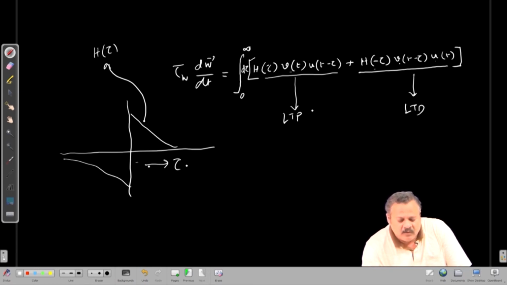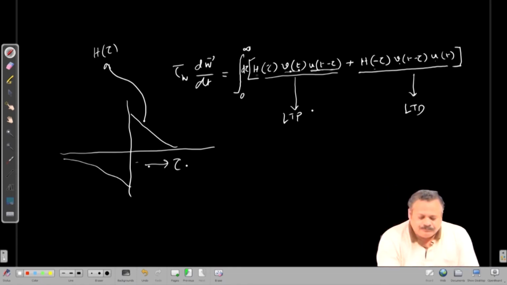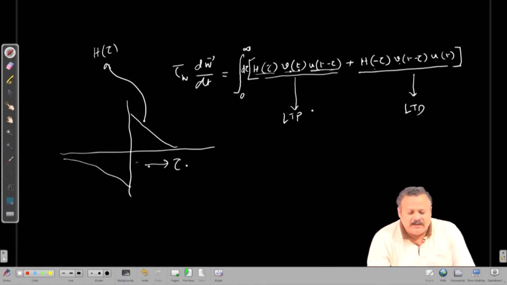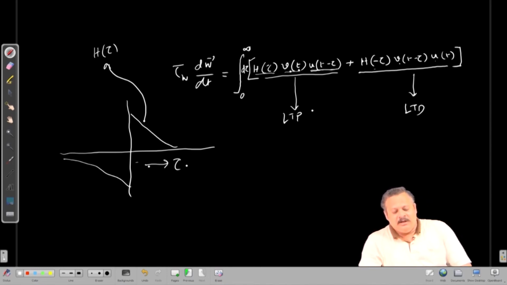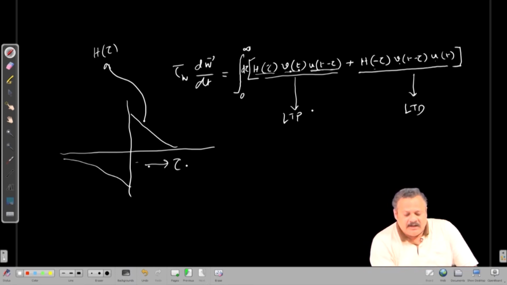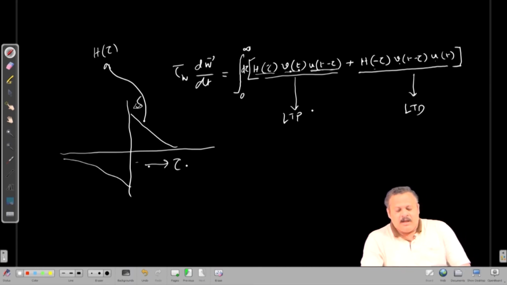Here we are correlating Vt and ut minus tau, where the past u is being correlated with the current output and is weighted by this h tau. Depending on tau, this correlation will be changing, and this particular term is for the right hand side of the learning rule. So, here it is the change in weight that we had discussed.